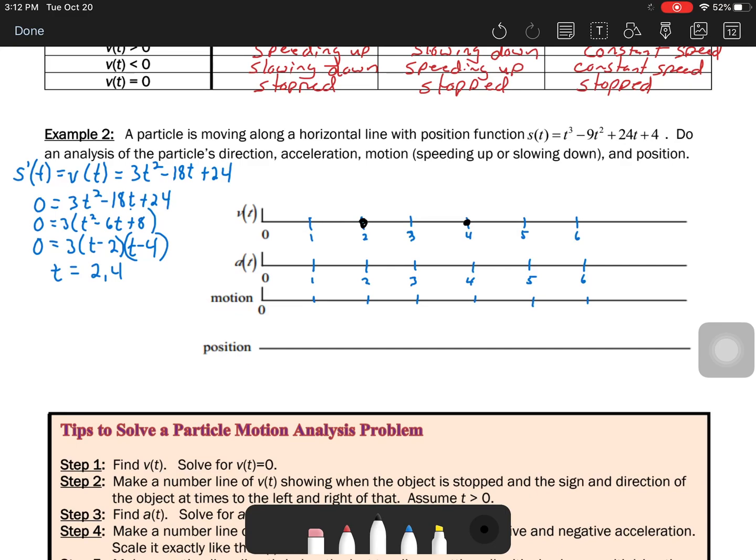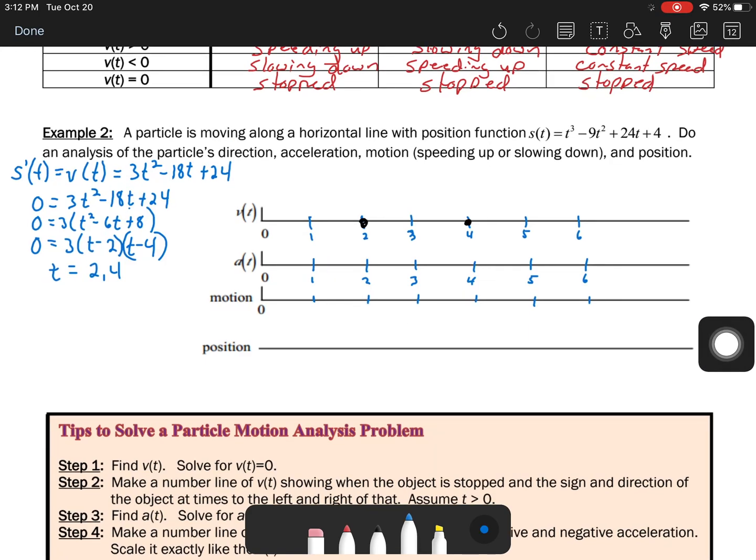Let's put in v of 1 to test something over on this side. If I plug v of 1 into my velocity function, I think I get 9. I get a positive value.